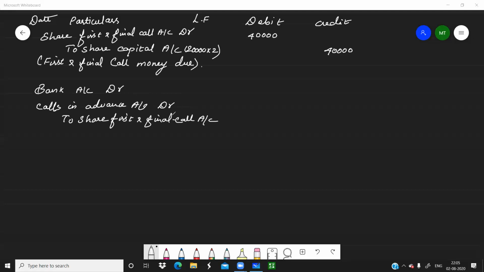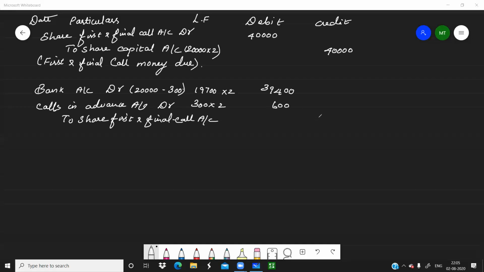The amount is 20,000 shares minus the 300 already paid. So how much? 19,700 into 2, so the amount is 39,400. And calls in advance amount? 300 into 2, so 600 rupees.